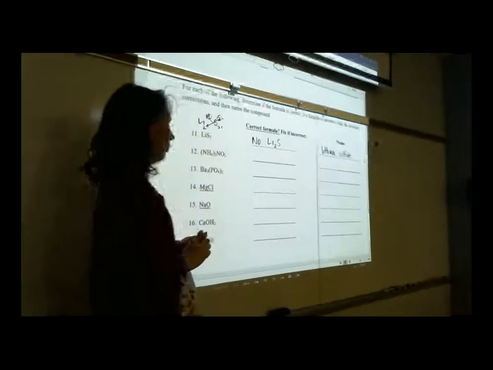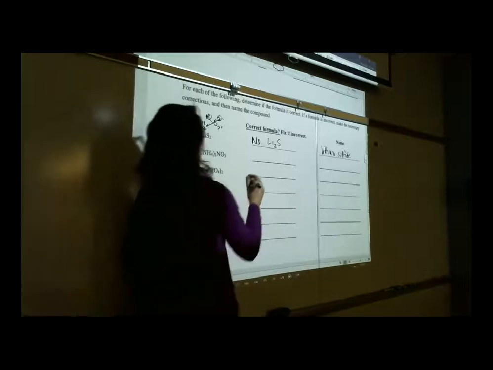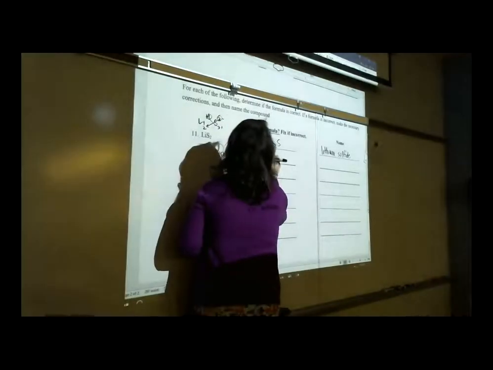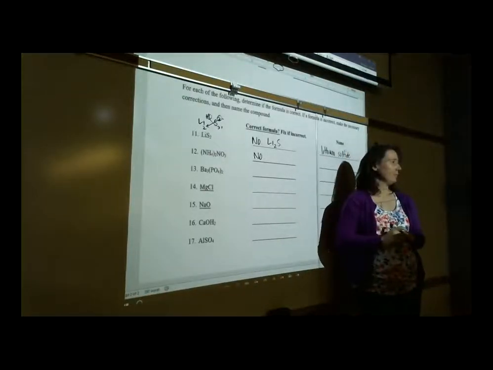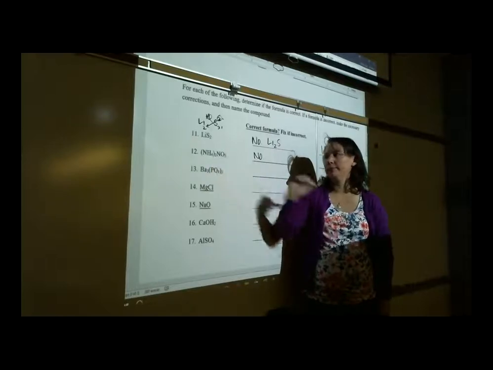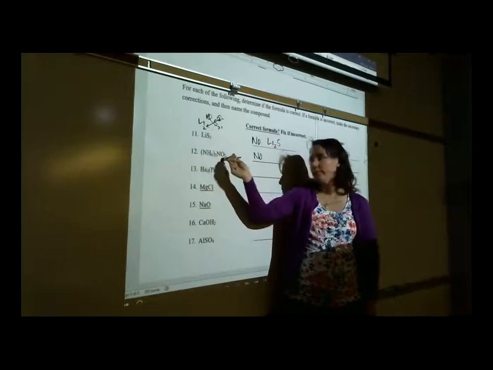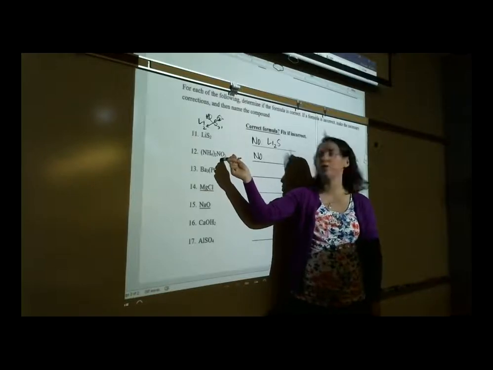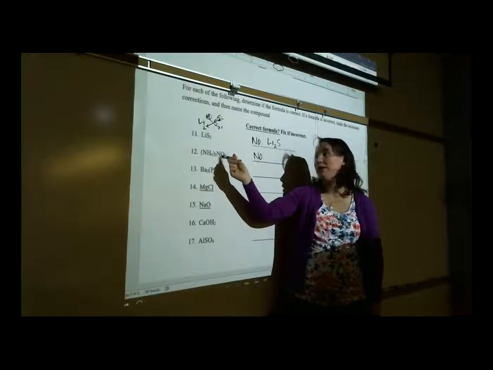NH42NO3, is that a correct formula or not? Nope, that's wrong. What mistake did this student make? This 2 is unnecessary. Why? Right. Ammonium is +1, nitrate is -1. Right? So the student thought that nitrate had a -2 charge when it didn't.